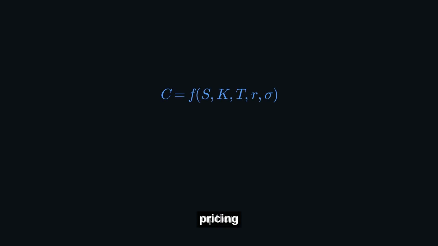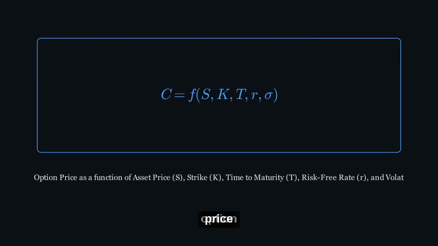At the heart of many option pricing models lies a function that relates option price to underlying asset price, strike, time to maturity, risk-free rate, and crucially, volatility. For a European call option, this can be abstractly represented as $C = F(S, K, T, r, \sigma)$. Here, $\sigma$ is the implied volatility we seek. This formula is our theoretical lens through which we view market prices.